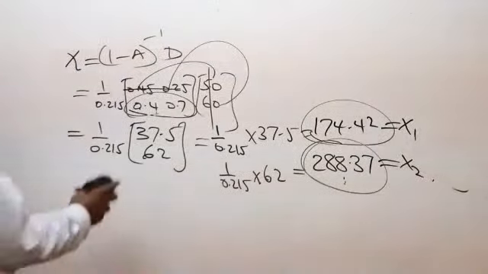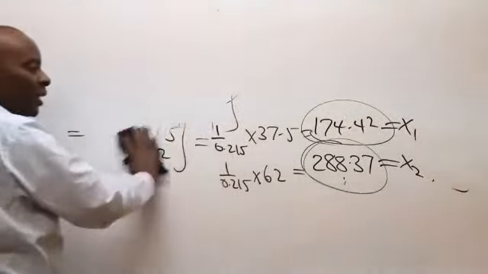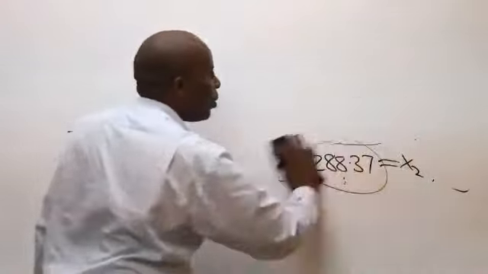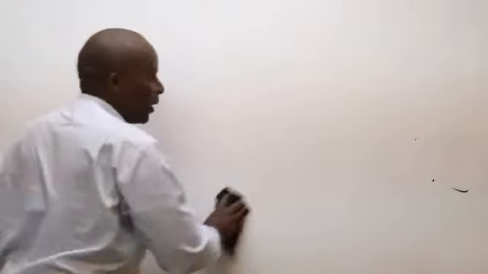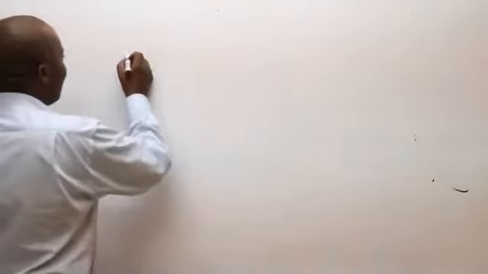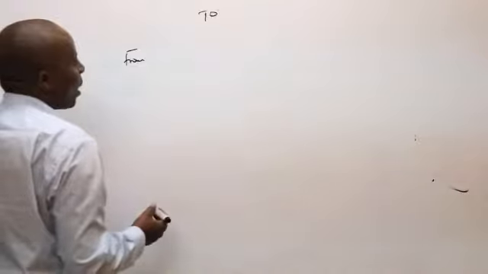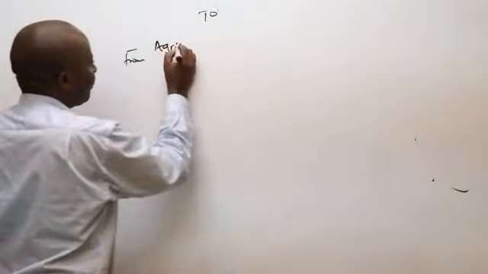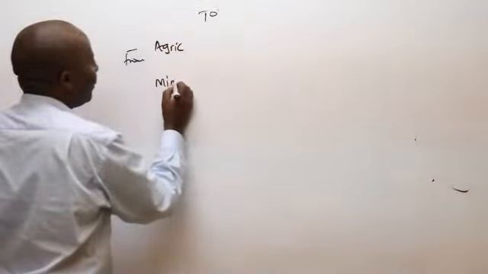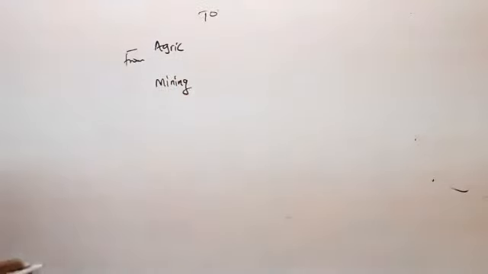Now, ladies and gentlemen, listen. Your examiner will never give you A directly like that. What your examiner will do is come and give you this kind of a question. We have two sectors: agriculture and mining.